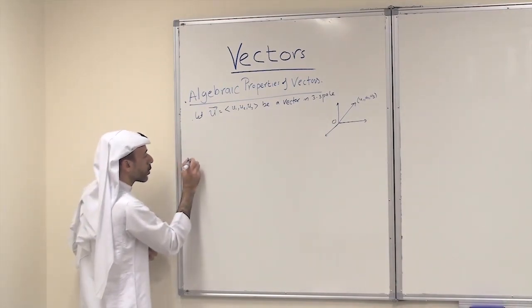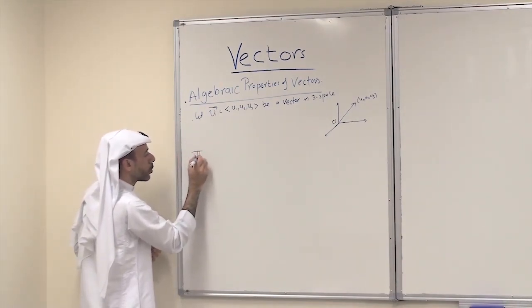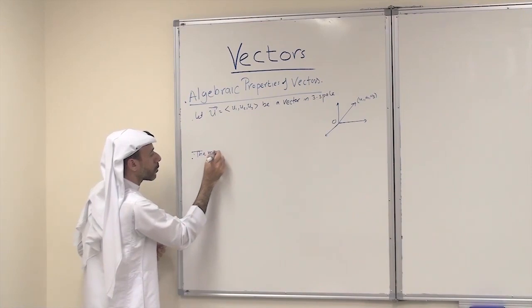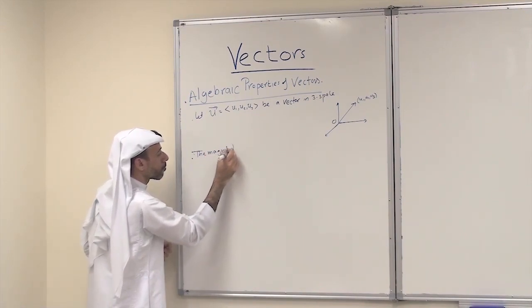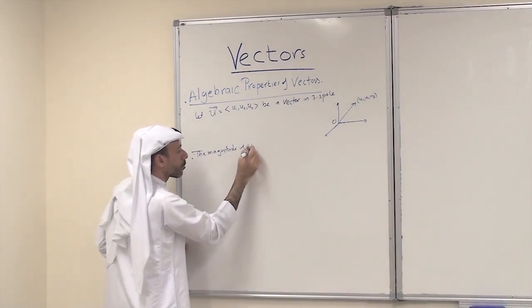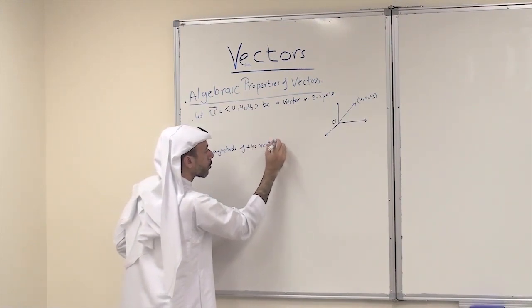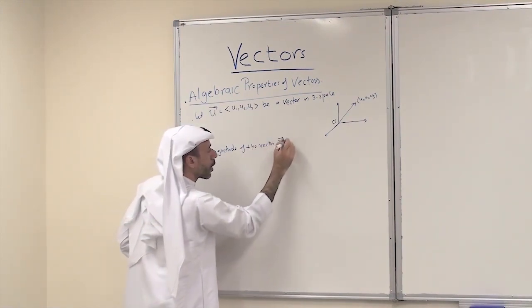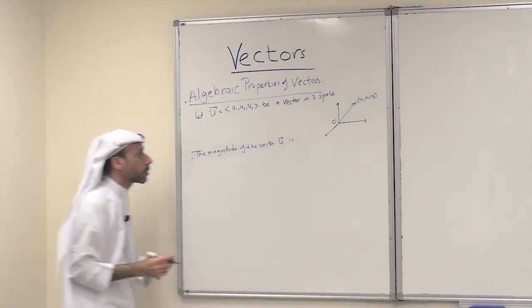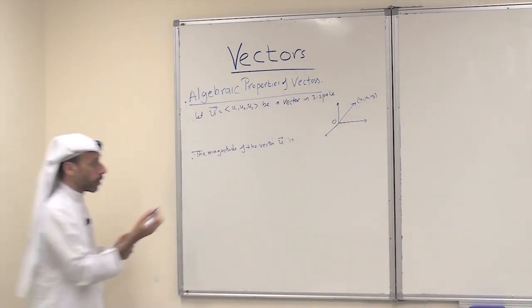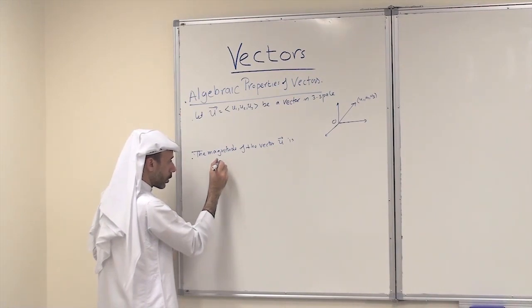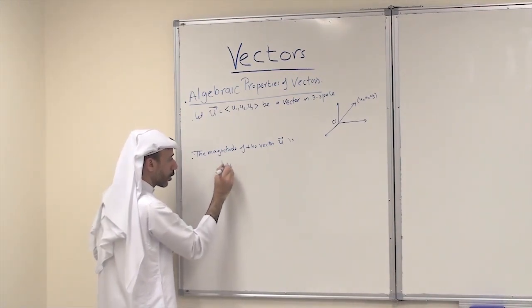Then first we just consider the magnitude of the vector U. The magnitude of the vector, this is just the notation, the absolute value of the vector.